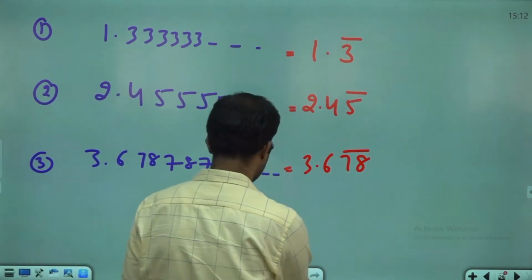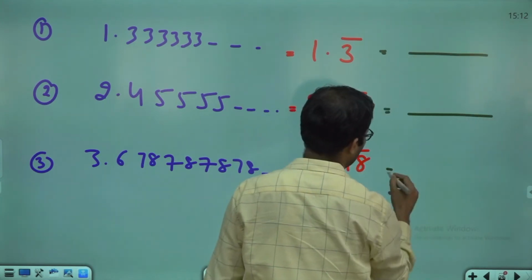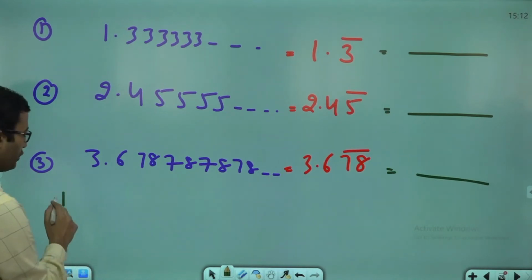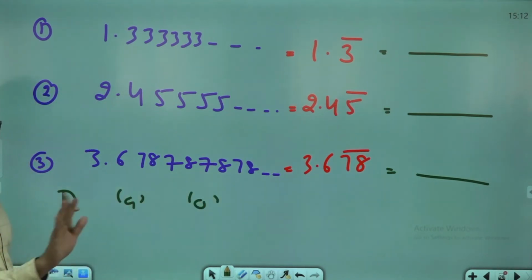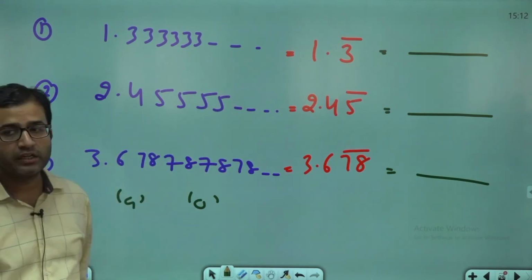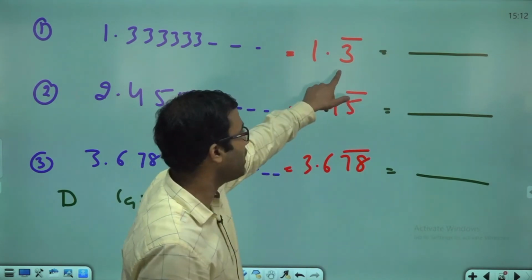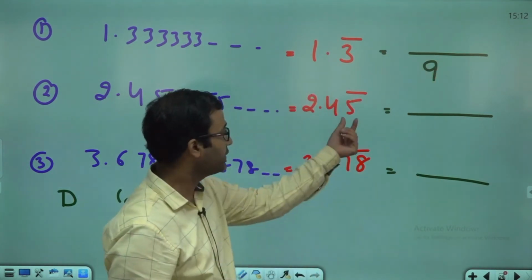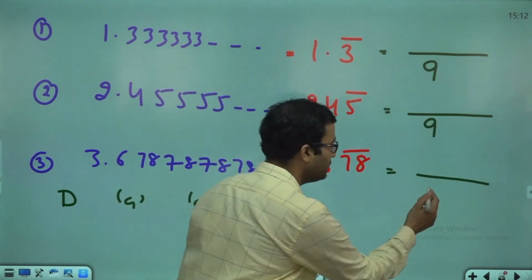Next, numerator and denominator. For the denominator, we already know there are two rules: 9s, and next 0s, same, nothing extra. First we handle the denominator, as many 9s as there are digits under the bar. There is one digit, we will put 1 nine. In the second question there is one digit, 1 nine. In the next question there are two digits, double 9.